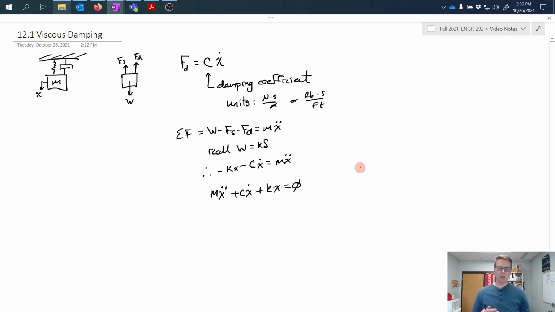The next process is to find a solution to this differential equation. The equation we have here is a linear second-order homogeneous differential equation.